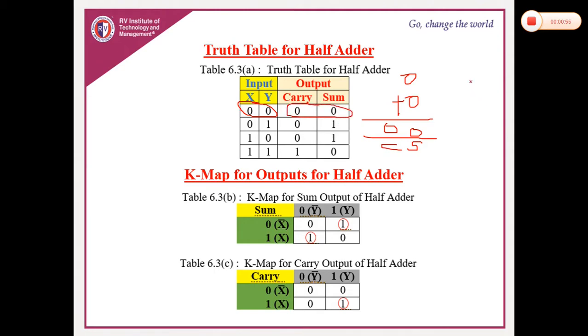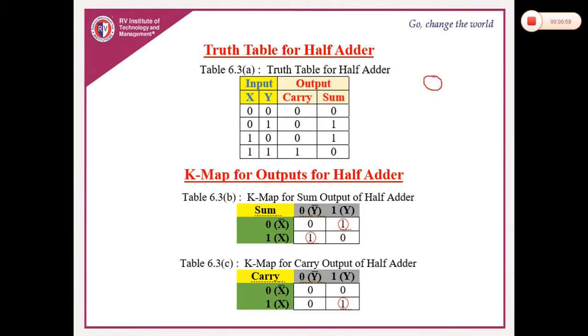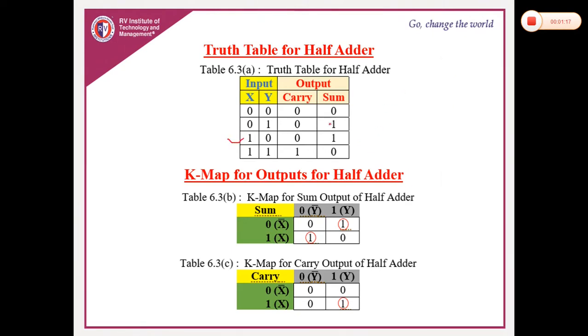For the next combination, 0 and 1, when we add 0 plus 1, we get the sum as 1, but there is no carry, hence carry is 0. Same thing you can see here. Next combination, 1 plus 0, is actually 1, so the sum is 1 and carry is 0.